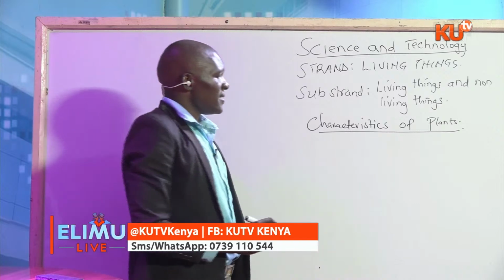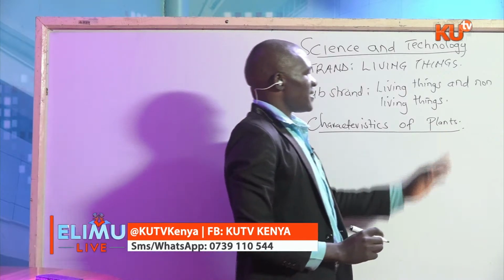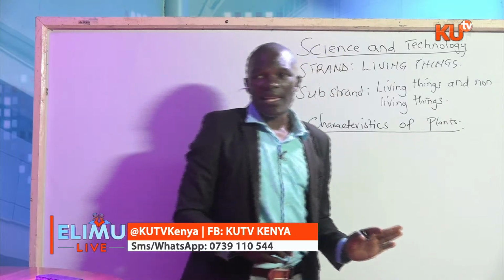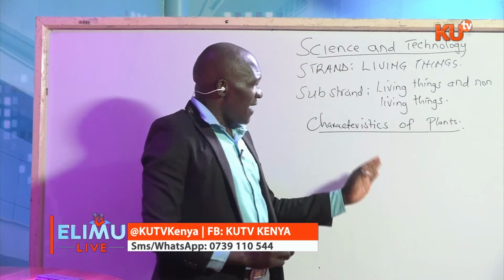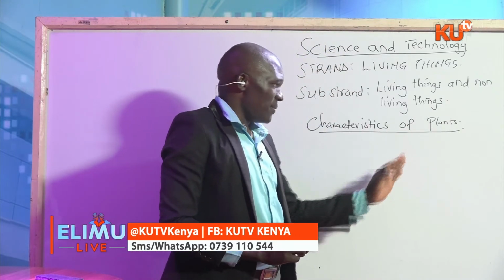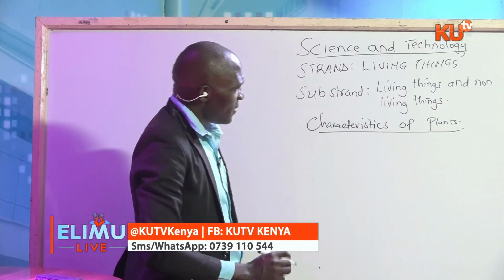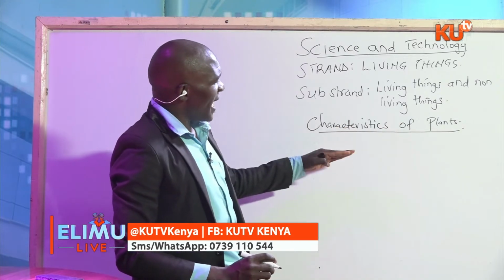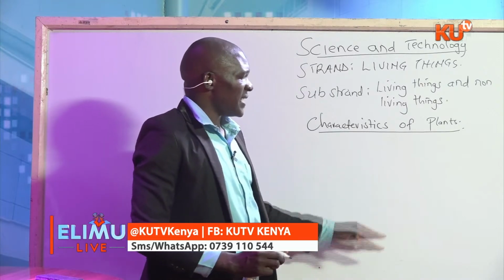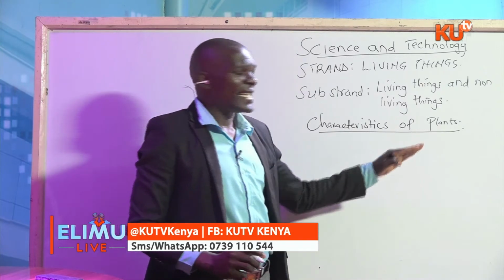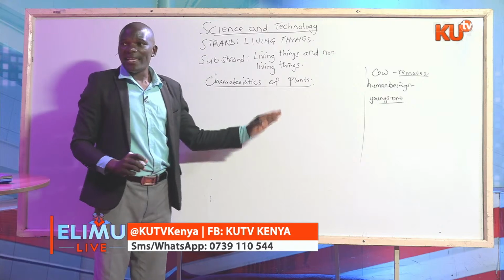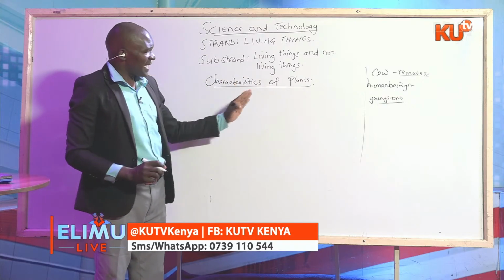Remember, plants are living things. And if they are living things, it means that they have got life in them. As we have been looking at the different features of living things, you will realize that plants and animals share the same characteristics.